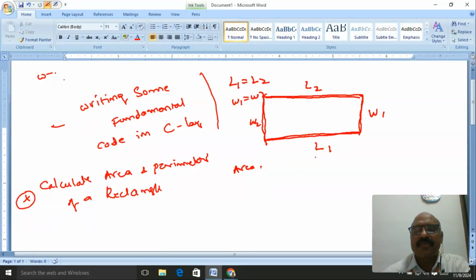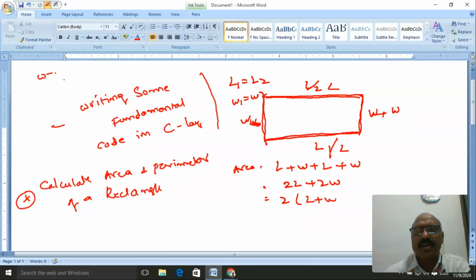Hence, this is finally L, and this is finally W, and this is also L, and this is also W. So perimeter is L plus W plus L plus W. That means 2Ls and 2Ws: 2L plus 2W, right? Then taking 2 common, 2 into (L plus W).